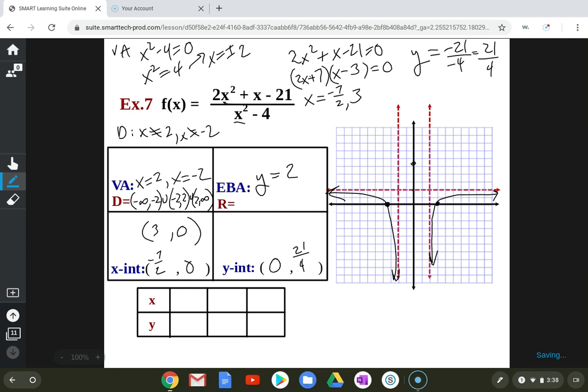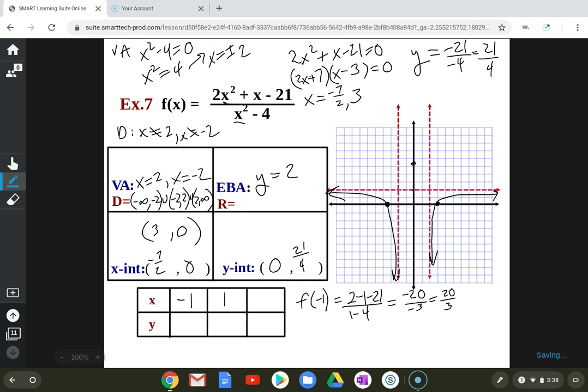Sometimes what's going on in the middle can be a little unusual, so I'm going to plot some points at x equals negative 1 and 1. At x equals negative 1, f of negative 1, we get 2 minus 1 minus 21 over 1 minus 4. So negative 20 over negative 3, or 20 thirds.